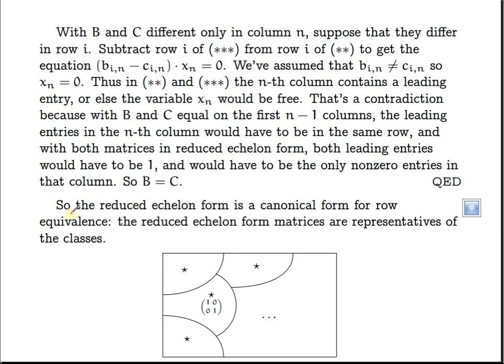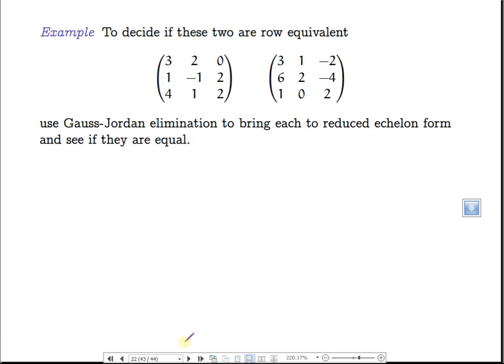Okay. So our result is that the reduced echelon form is what you call a canonical form for row equivalence. What that means is that the reduced echelon form matrices are representatives of the classes. As I mentioned before, each one of these row equivalence classes of matrices has exactly one reduced echelon form associated with it.